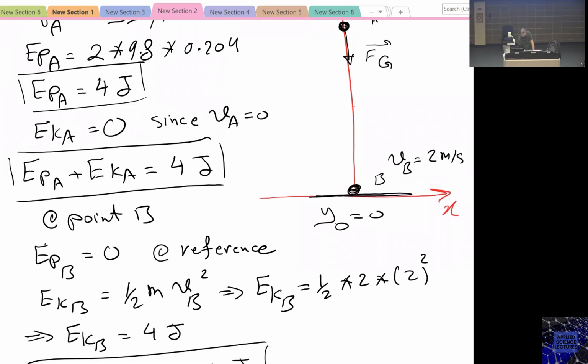If you try to calculate the speed right in the middle using a kinematics equation and calculate the potential energy and the kinetic energy, add them, the answer should be 4 joules. So at any point along this path, the summation of the gravitational potential energy and the kinetic energy should be 4 joules. Is that clear? Any questions so far?